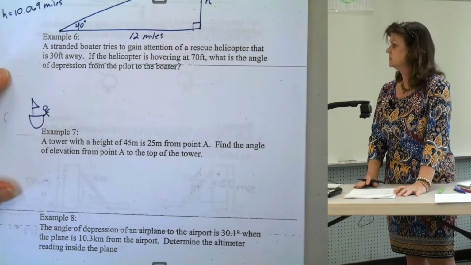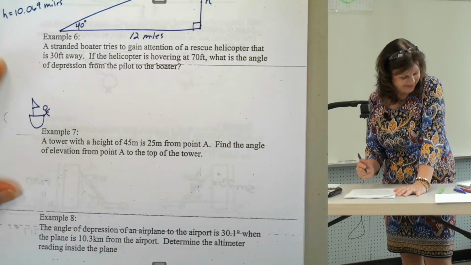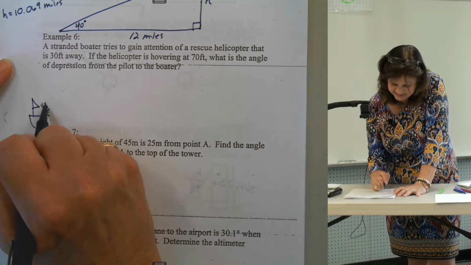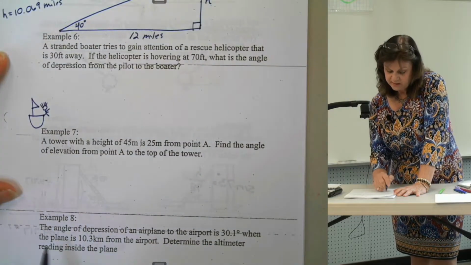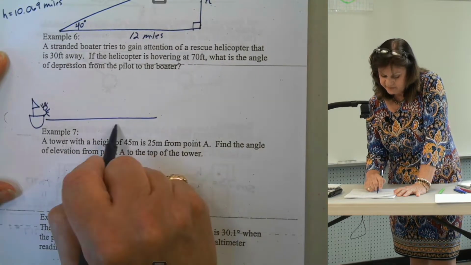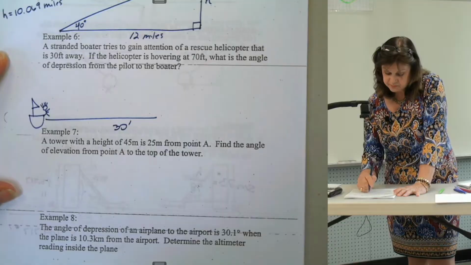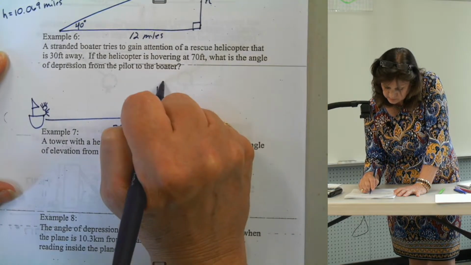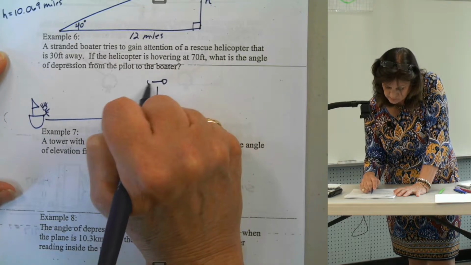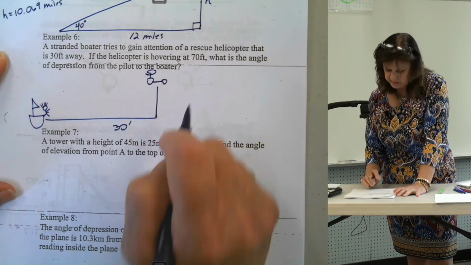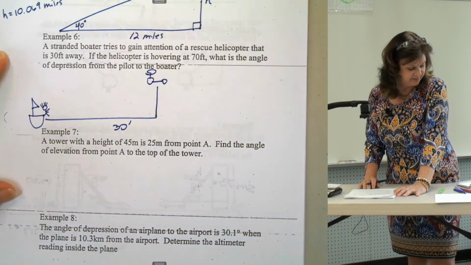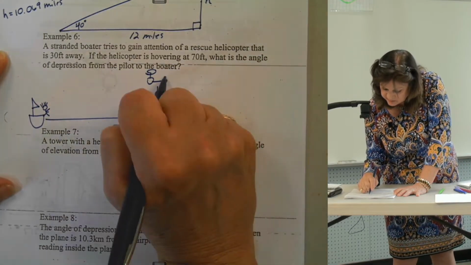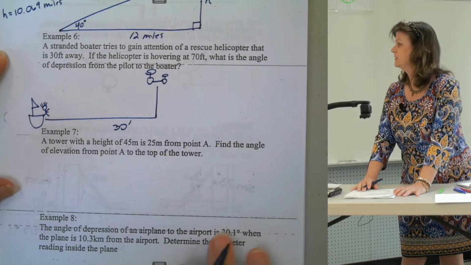I guess he balances on one foot or something. Here, let me make his hair stand on end because he's panicked. Okay. 30 feet from him is a helicopter. That's a pretty good helicopter. I think I'm missing something, but oh, how about a rotor off the back? Yeah, well, good enough.